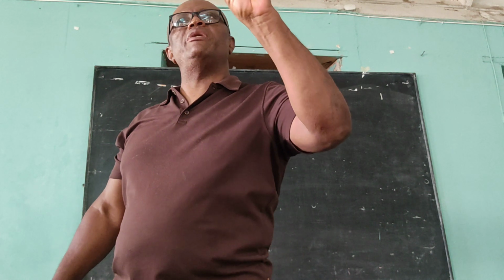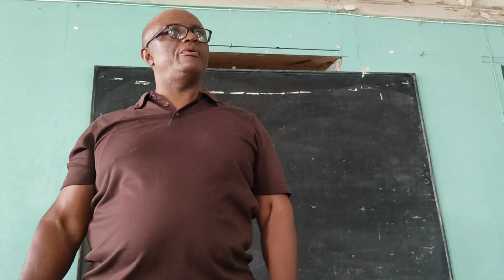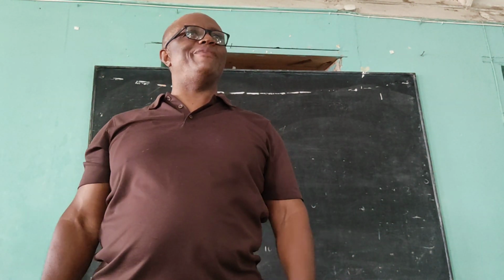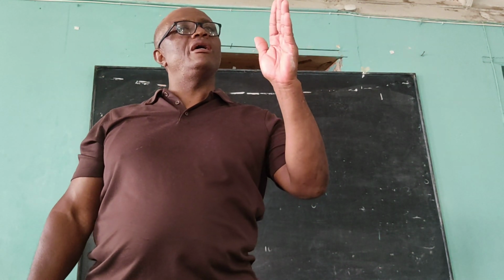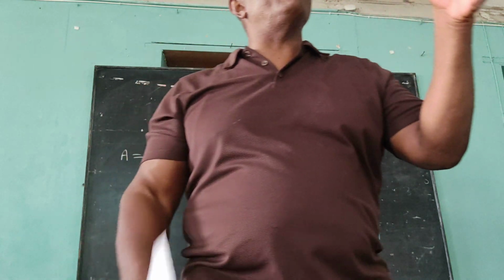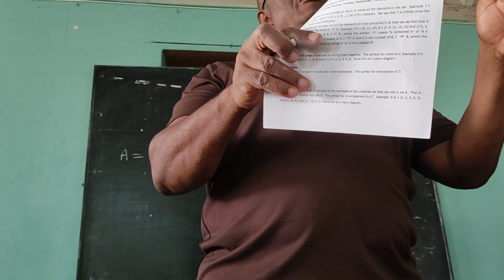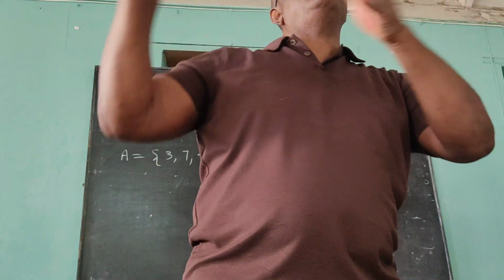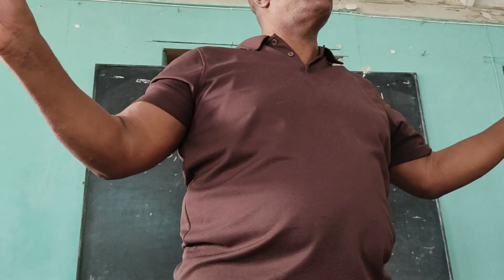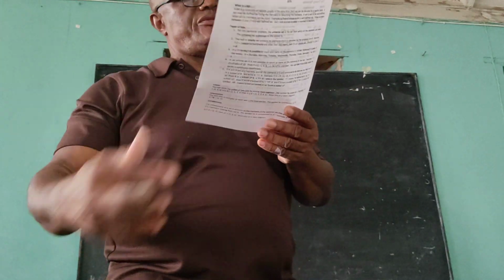Which members do not belong to the female group? The males, so the males are the complement. Are you with me? You get it? Those that do not belong to the group are the complement, and together the female and the male make the whole class. So that's what complement means.